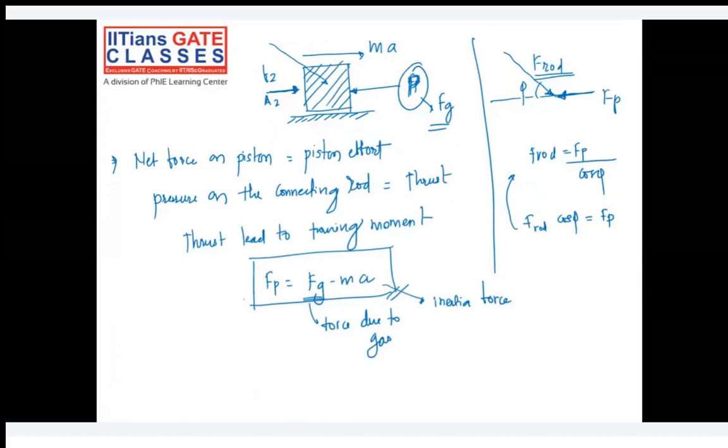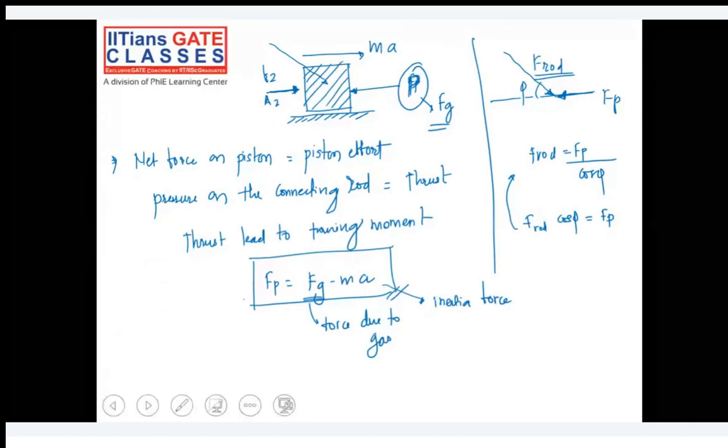Now we have just understood the connection between the connecting rod and piston. Now we have to understand the connection between the connecting rod and crank. Okay, so look at this figure.